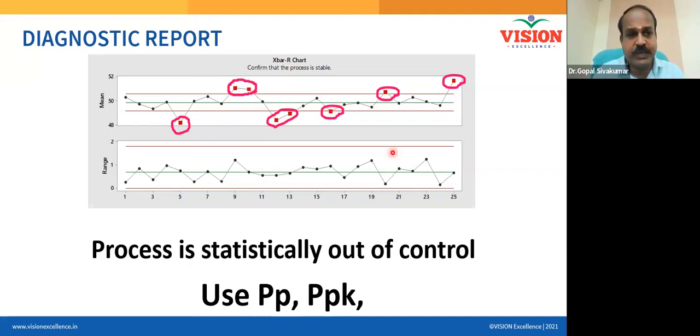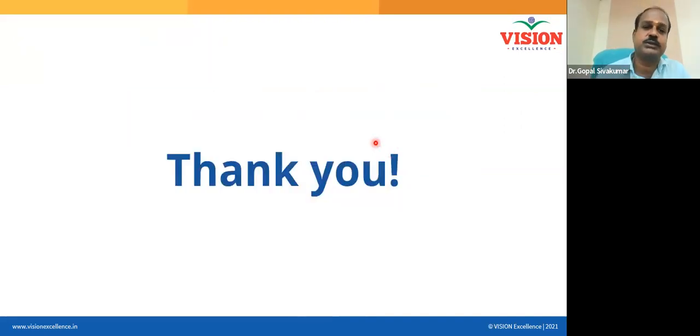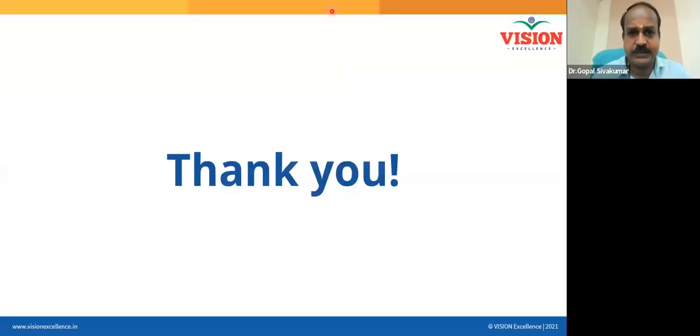But within Cp/Cpk, Cpk is a better estimate than Cp. Hope all of you understand how to use the tools. The tools are for effective decision making, nothing else. Also, whether you calculate Cp/Cpk or Pp/Ppk, please note all of them are estimates. To the best of your ability, you have calculated something, you have estimated something.